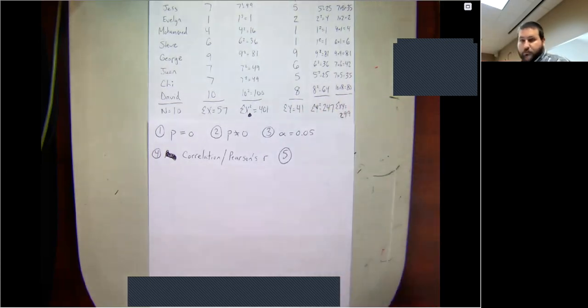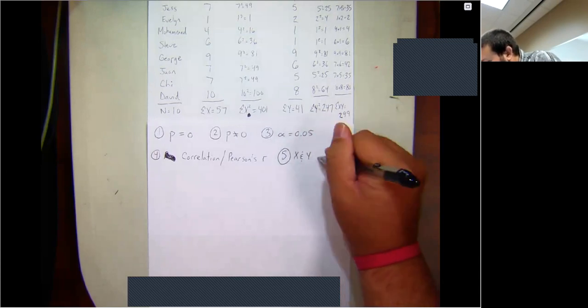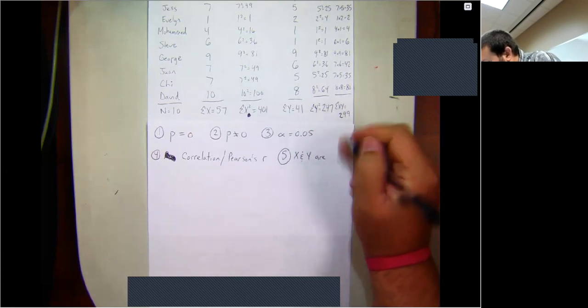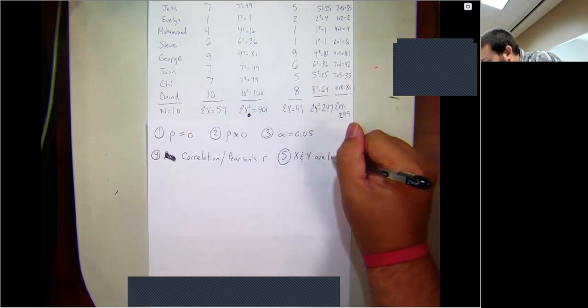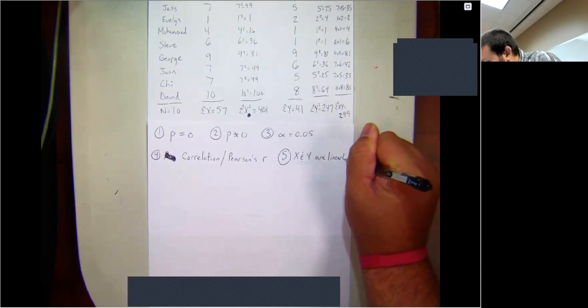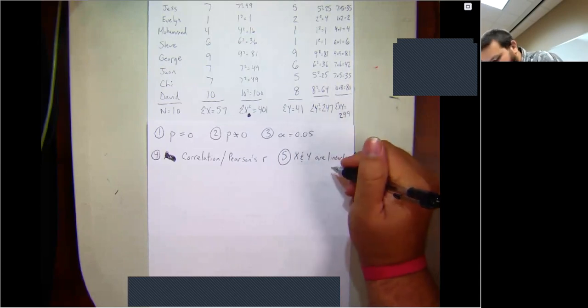Step 5, the assumptions. These have changed. Pay attention. We're assuming that our X and our Y variable are linearly dependent.